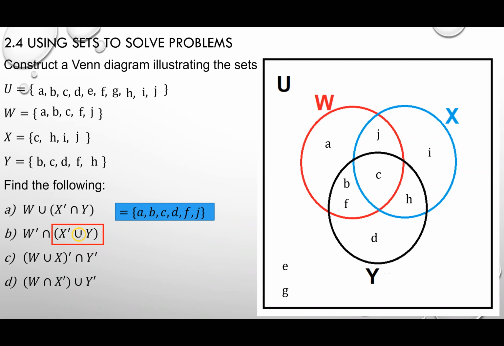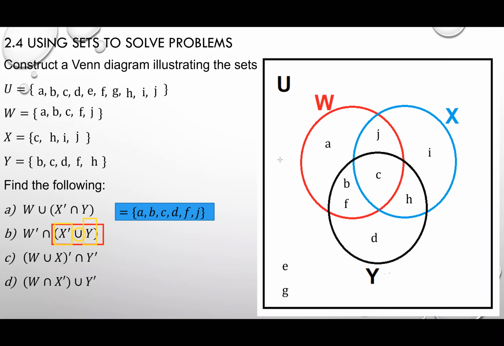The union tells you to take whatever this item outside of the X, which you haven't found yet, and combine it together with the Y. Okay, so let's do this by hand.